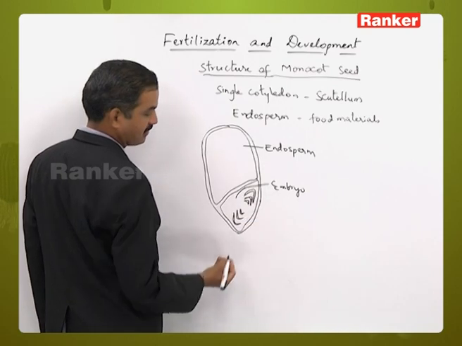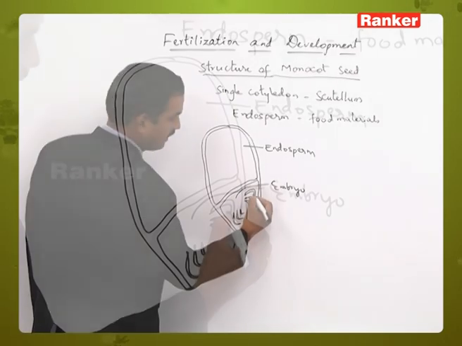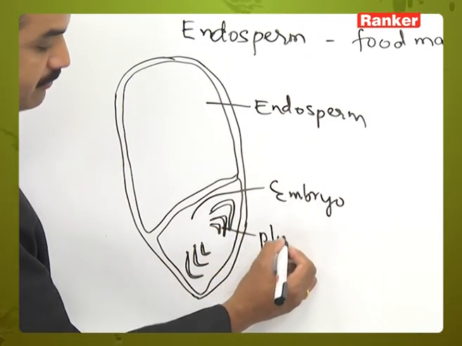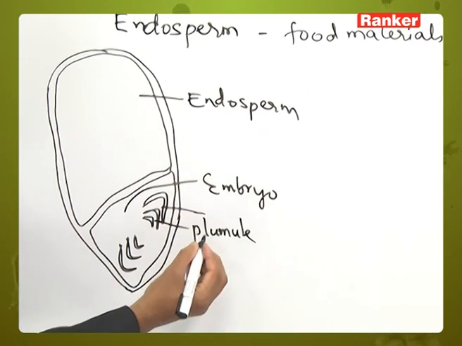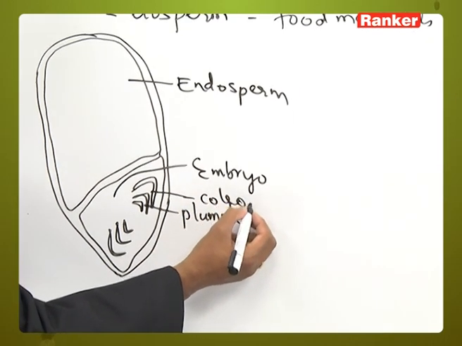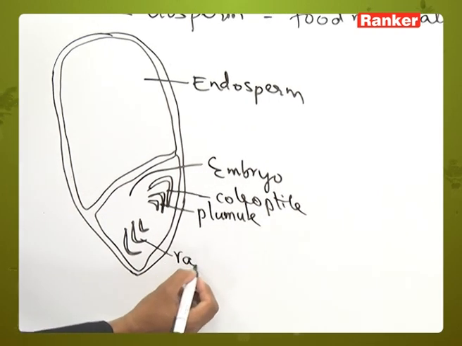The embryo contains the scutellum, that is a single cotyledon. Here is the plumule, which has a cap-like covering structure called the coleoptile, and this is the radicle part.